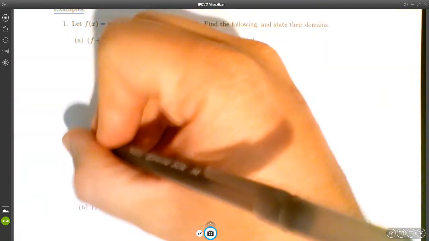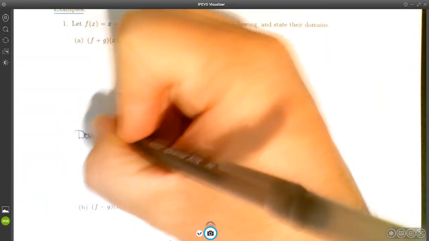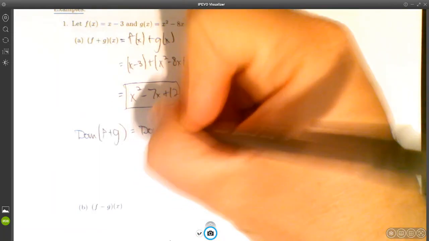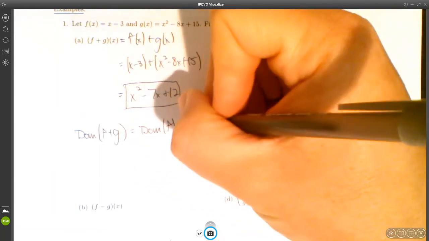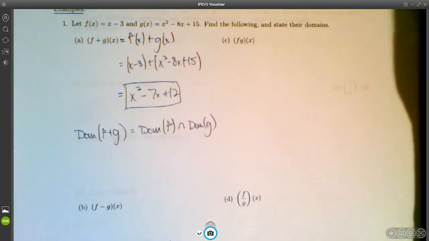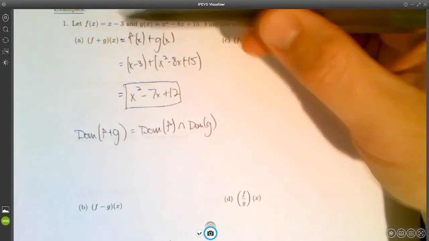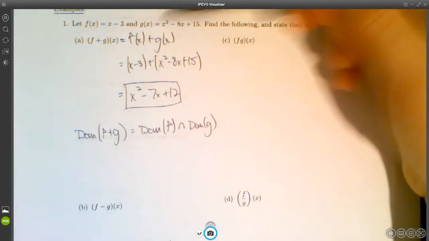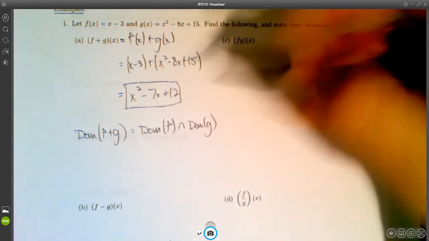Now, if we're looking for the domain of f plus g, remember that the domain of f plus g is going to be domain of f intersect with domain of g. Now, what is the domain of f? f of x is this linear function. It has domain all reals. And g of x is a polynomial function. It also has domain all reals.